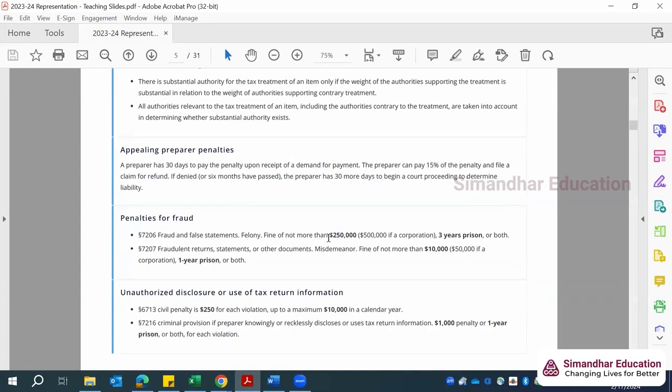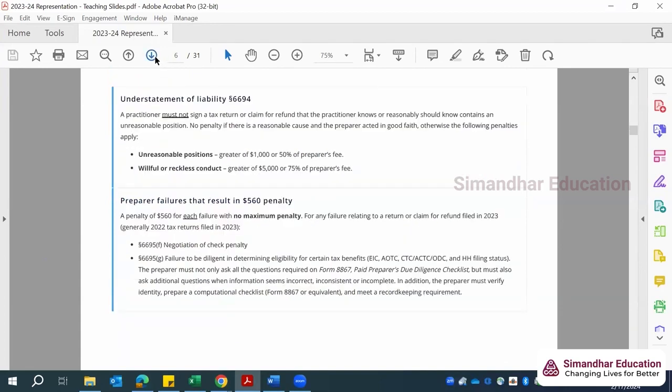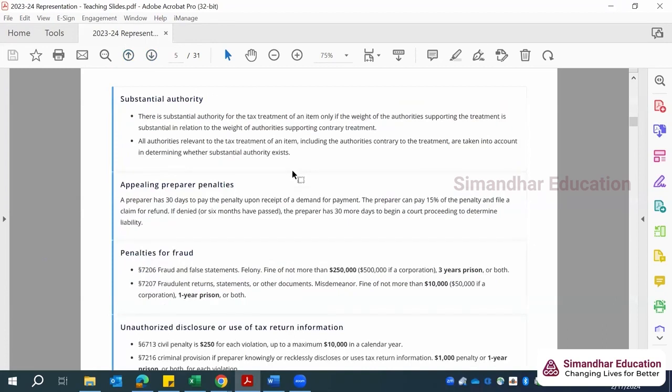So we will discuss all the different kinds of penalties under different subsections and sections in tomorrow's class. And also before we dig into the penalties section tomorrow, we will also do some questions on the content that we have covered today. Okay.